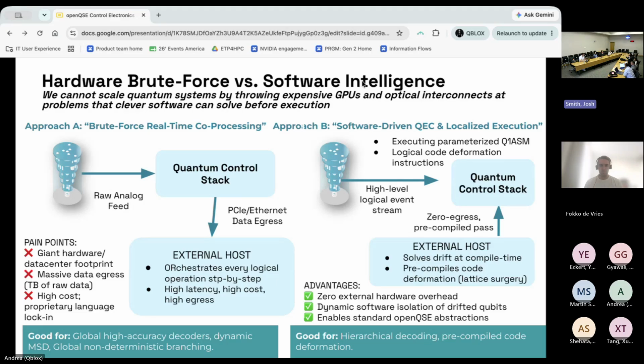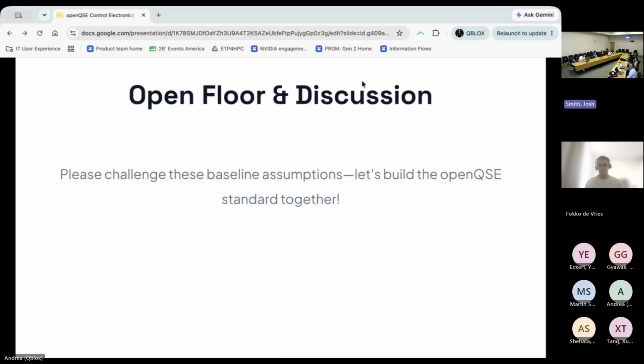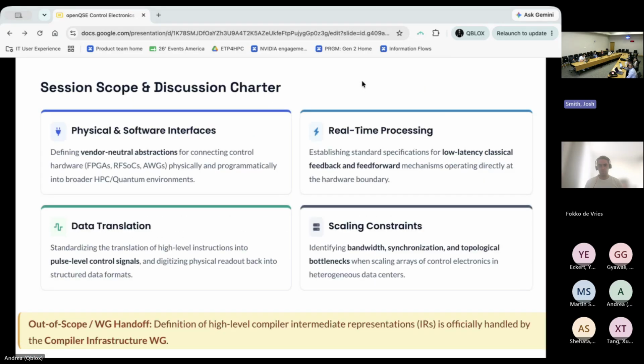Just as an example, at the QEC logical level, of course you're going to need this fast interconnect for real-time decoding, but there are some smart ways of doing lattice surgery that can be taken care of from the software perspective, so that you don't just send raw data back and forth, but you actually share high-level information. That's what I wanted to try to convince you of, but it looks like we're all on the same level.